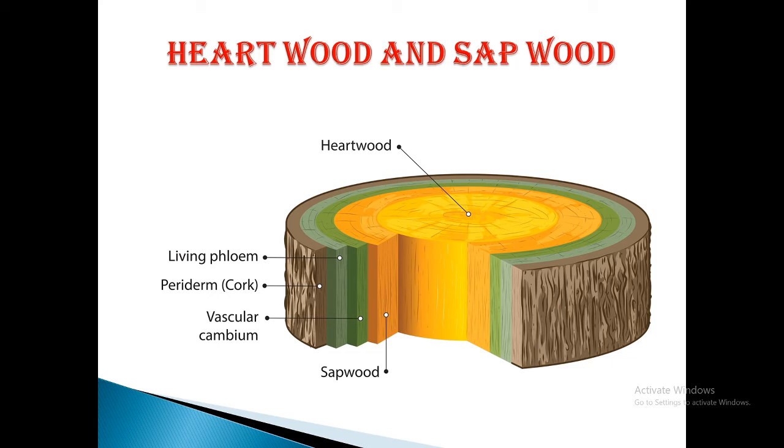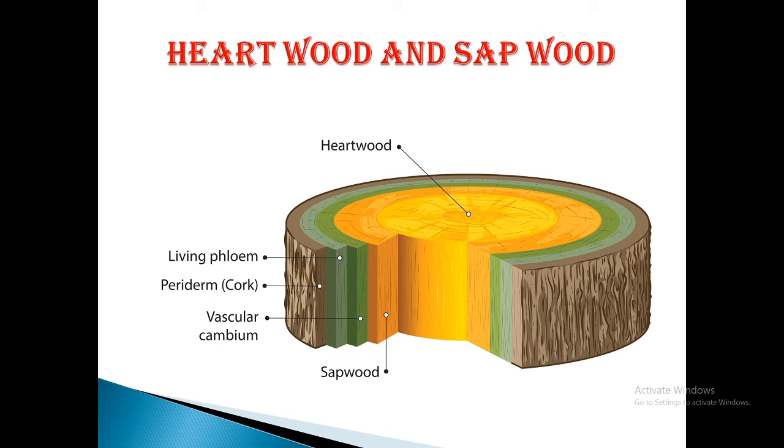So generally, the heartwood is darker in color than sapwood. In some genera such as Butea, Populus, Picea, Agathis, the heartwood is hardly darker in color than the sapwood.